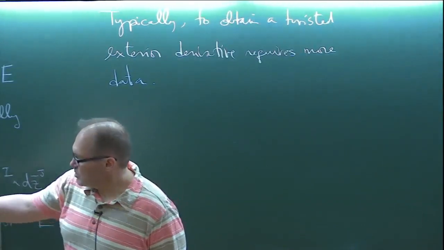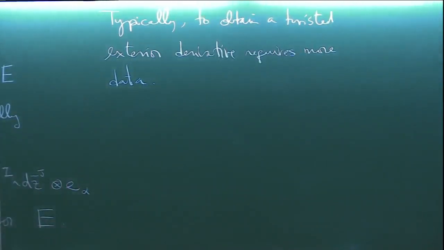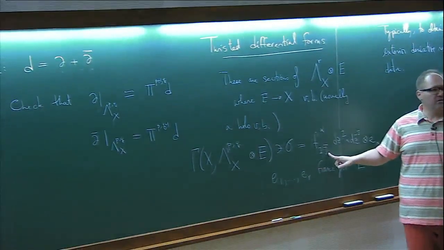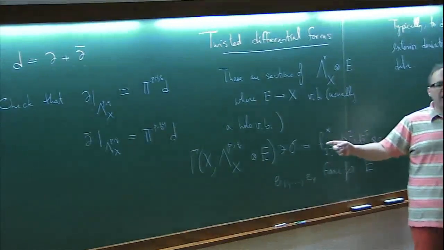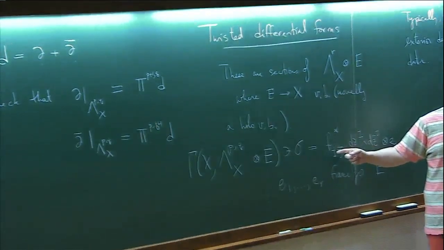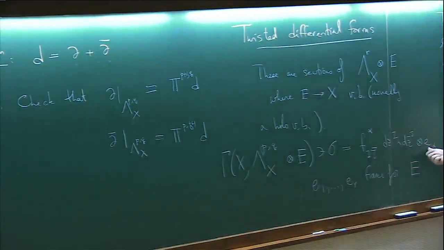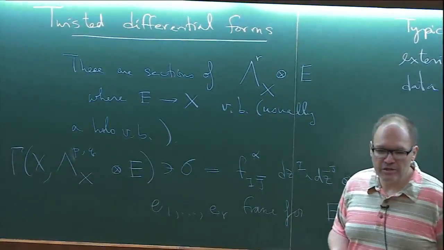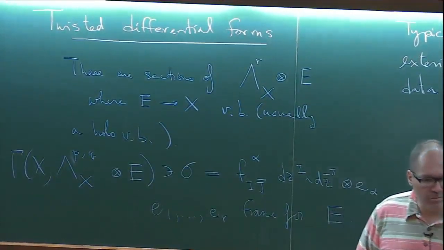So, for example, you could apply this d to these f_{α i j-bar}, and then it looks like you have a (p+1,q)-form with values in the vector bundle, except when you change coordinates and change the frame of the vector bundle, you'll see that you no longer have a section of the vector bundle. So something gets messed up.